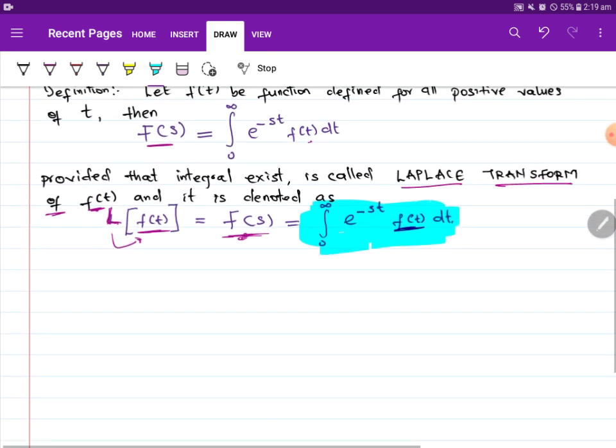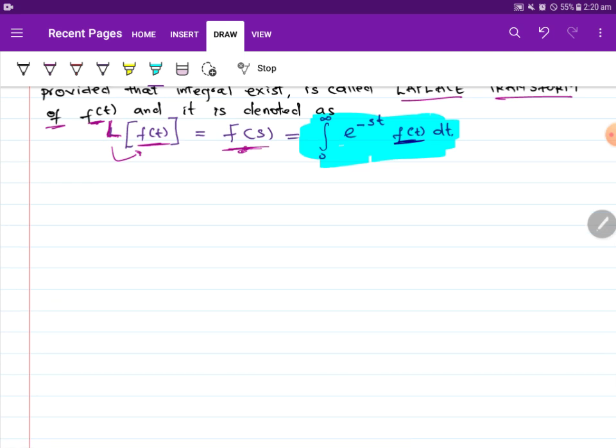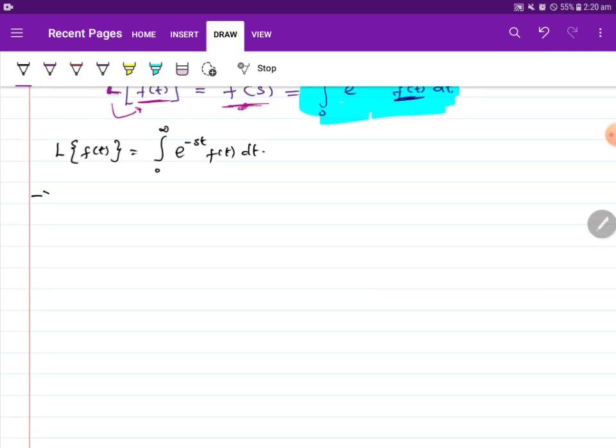This is the definition of Laplace. Now, since we all know the definition, that is the Laplace transformation of f of t is equal to the integral from 0 to infinity of exponential minus st f of t dt. Okay, let's start one by one.